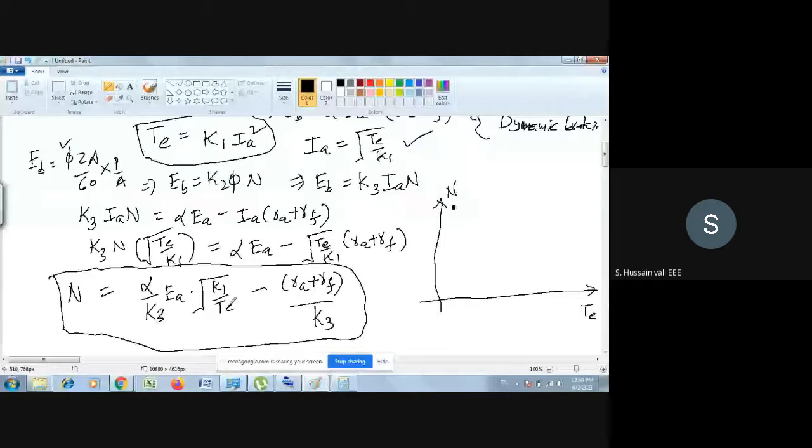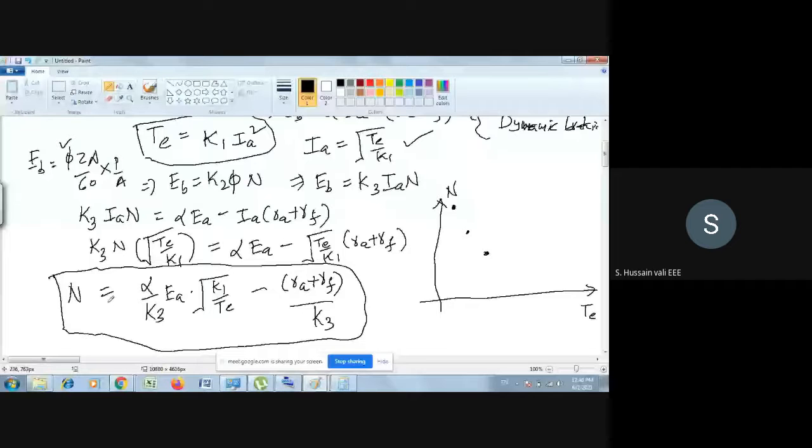Then if I increase the value of TE, the speed decreases, but not linearly, because one term is in a square root whereas the other has no square root, so there is a square relationship. Now let me put N0. If I put N0, what do we get here?